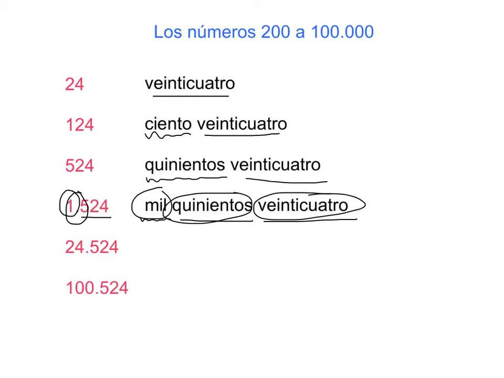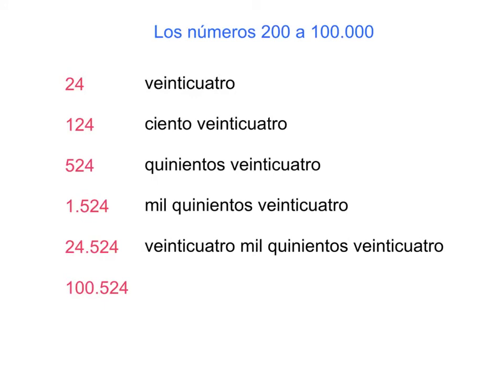Okay, so what happens if we have multiple thousands? You might already be able to figure out how we're going to do this. You can see a pattern developing here. So let's take a look at this one all the way spelled out. So you may have already been able to guess that all you have to do is just say how many thousands that you have. And in this case, we have 24,000, so we'll say 24, mil, which altogether means 24,000.